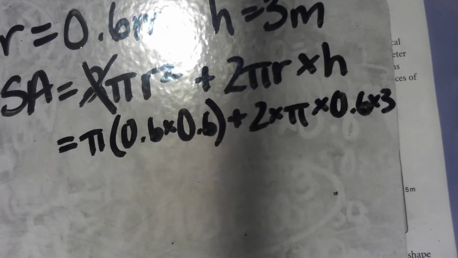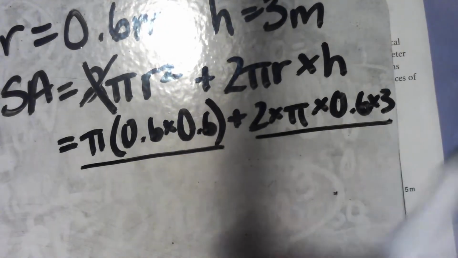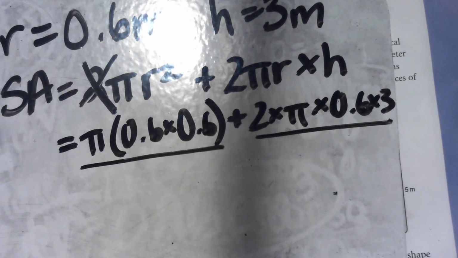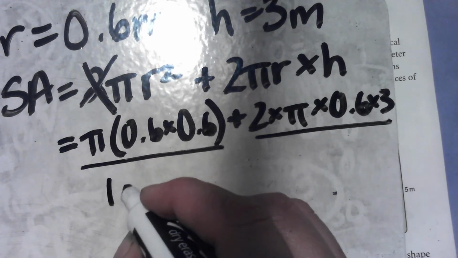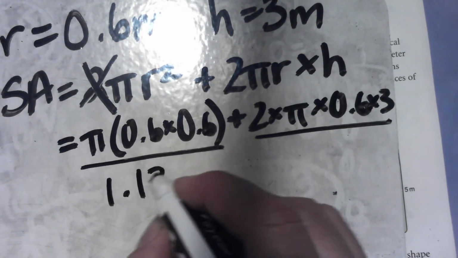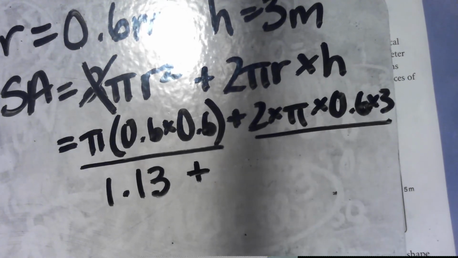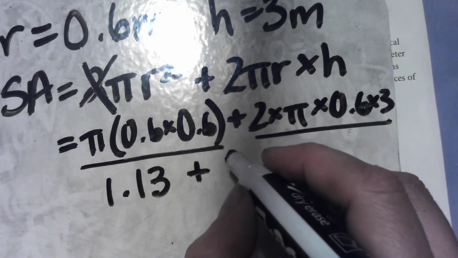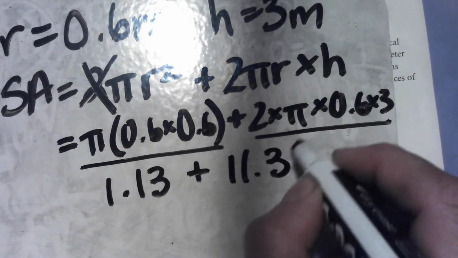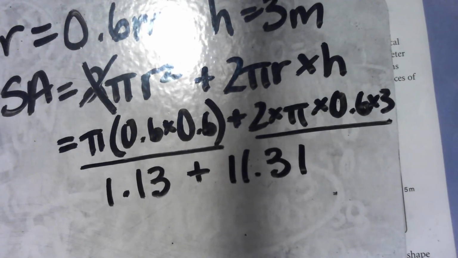Okay, so I'll do the first one first, and then we'll do the second one, and then we'll add them. So 0.6 times 0.6 times pi is equal to 1, and with 2 decimal places, 1.13, plus we've got 2 times pi times 0.6 times 3, and we get 11.31.